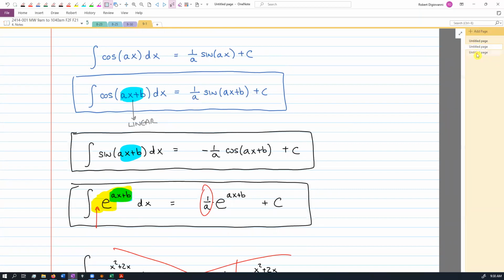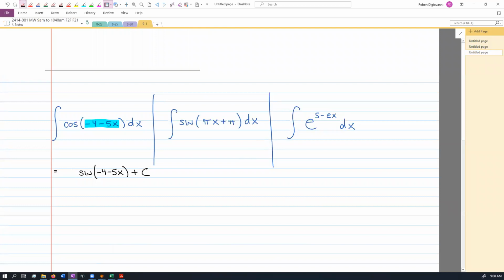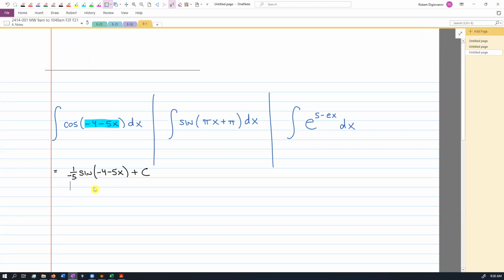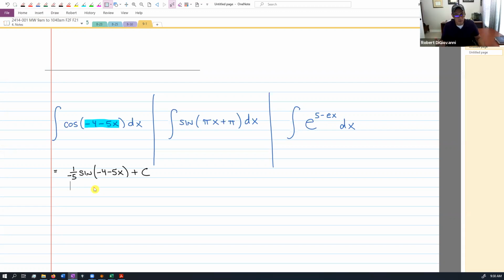Yeah, so in that case it would be 1 over 5, or would it be negative? 1 over negative 5. Okay, 1 over negative 5. And that's it. See, we don't want to be doing work for this. We just want to be doing like a visual thing. Make sense, Alec?